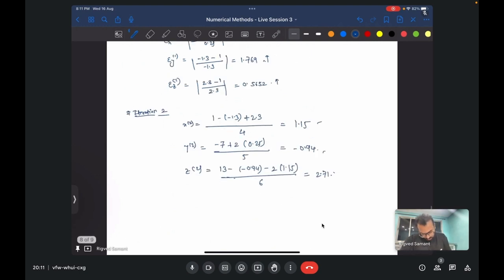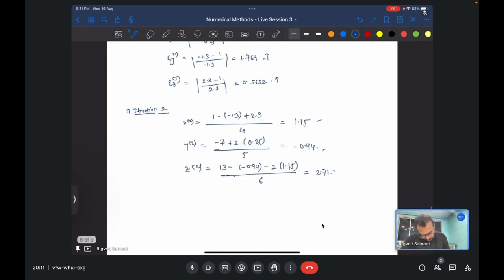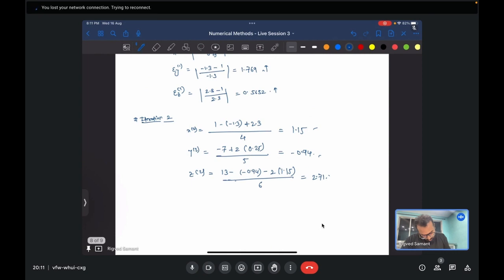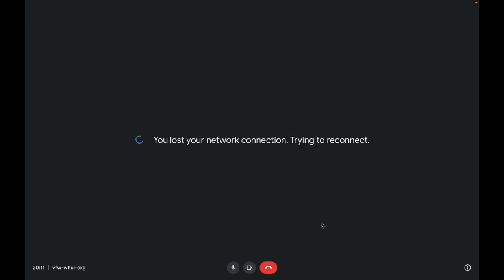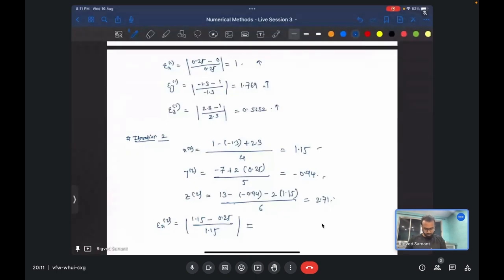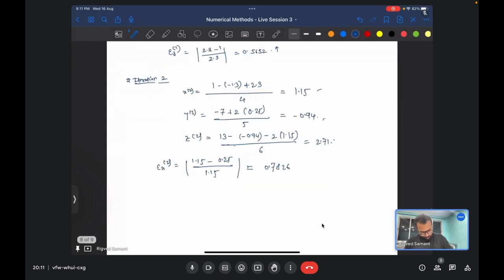More than 100%. No, these are the actual values that we get in the next iteration. Now, if you consider the error after the second iteration, that is 1.15 minus the first one, x was 0.25, divided by 1.15. That is equal to 0.7826.